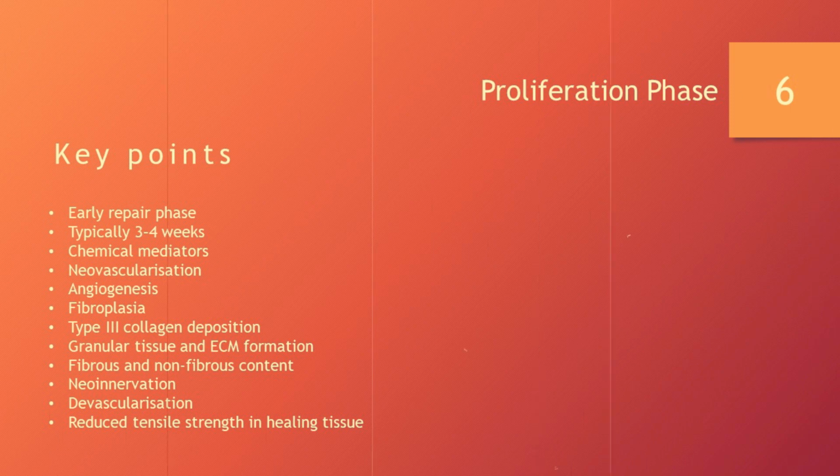The area is also likely to remain visibly swollen and reddened, particularly if it's superficial, due to the increased water content, vascularity and significant amount of collagen at the site, which is still immature.